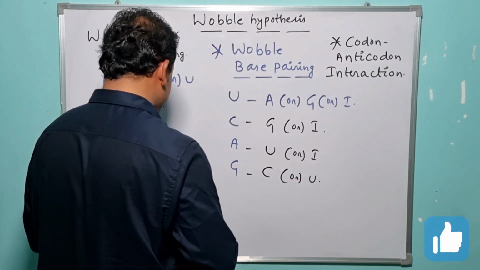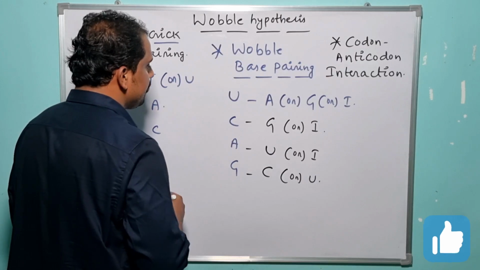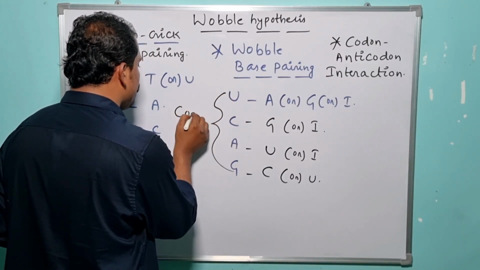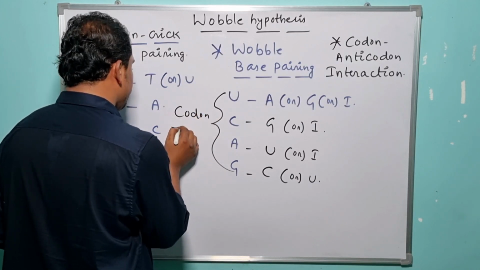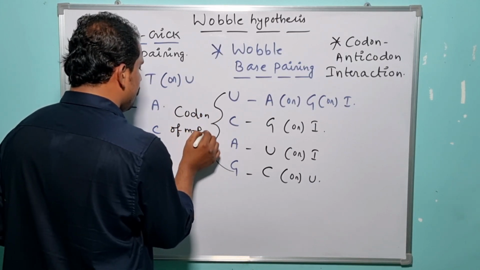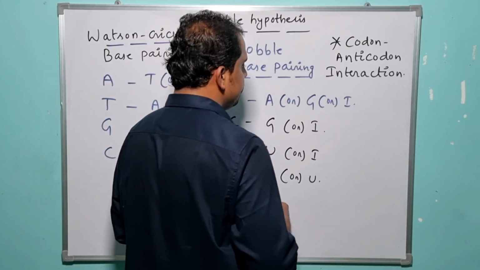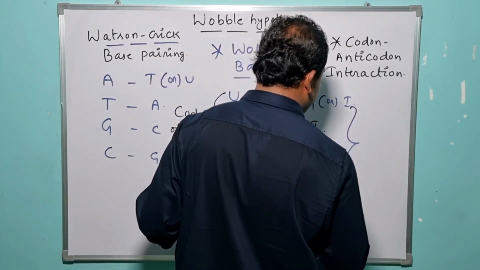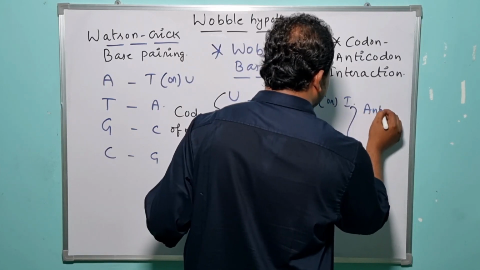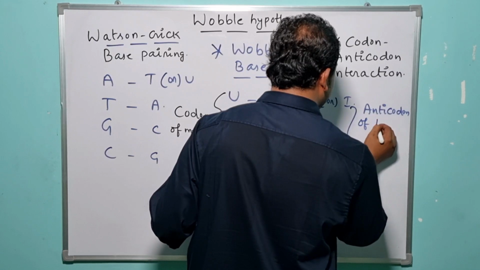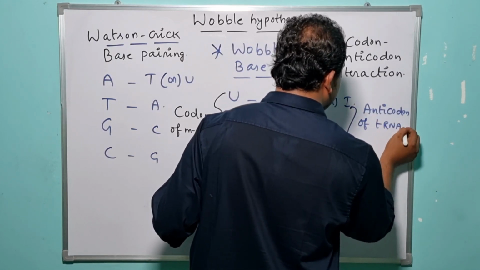So all these are the various nucleotides which are a part of the codon of the mRNA, and all these are the various nucleotides which are a part of the anticodon of the tRNA, right?